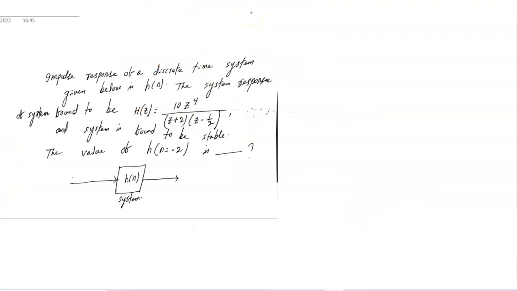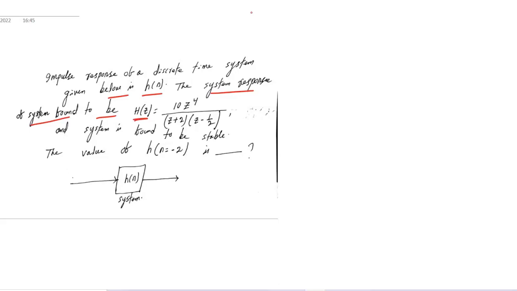Now see, the impulse response of a discrete time system is given below as h(n), and the system response of the system is found to be H(z). The Z transform of the impulse response or sample response, we call it system response. Need not worry about system response.